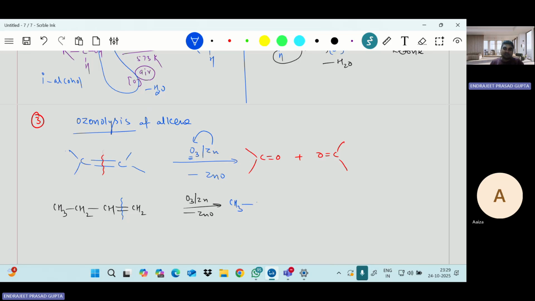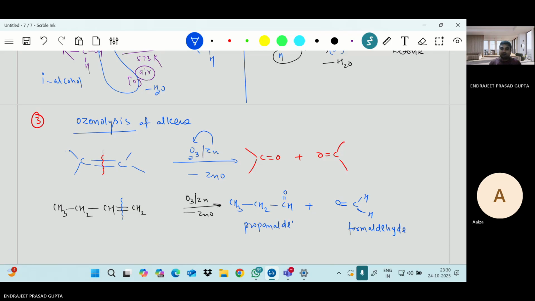It will be CH3 CH2 CH=O plus CH2=O. Both are aldehydes. The one carbon aldehyde is formaldehyde, and the three carbon one is propanaldehyde.